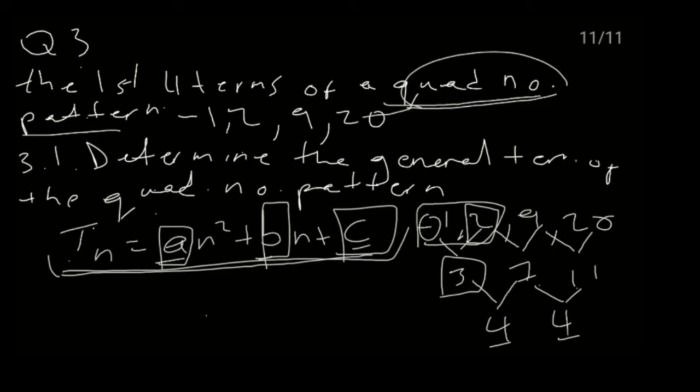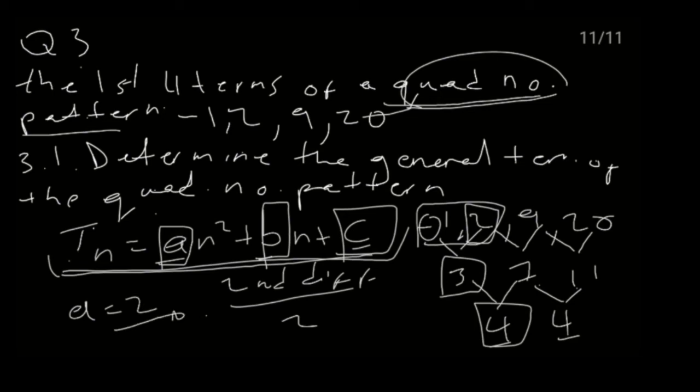Now for us to do that, like I said, we need to determine our a, our b, and our c, right? Now what is our a in this case? That's the first thing that we need to determine. Our a, in this general term, is the second difference divided by 2, right? We just did our second difference, which is 4, meaning 4 divided by 2, your a should equal 2.